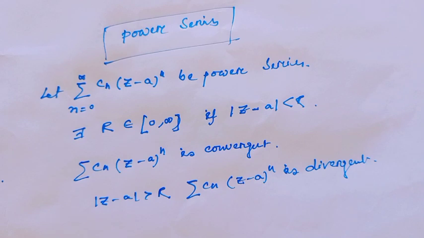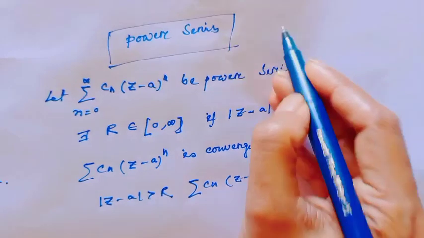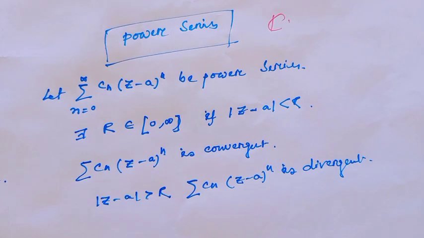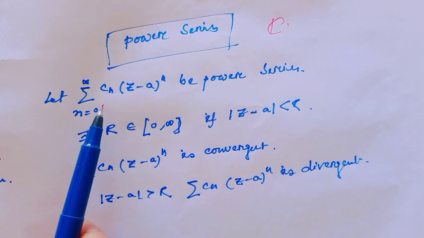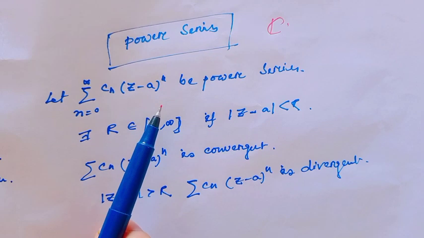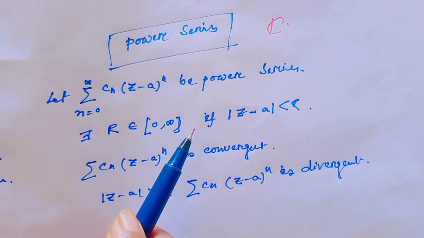Consider the complex field C, and consider the power series of the form sum from n equal to 0 to infinity of Cn (z minus a)^n. This is the power series.